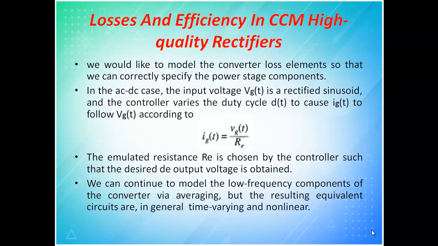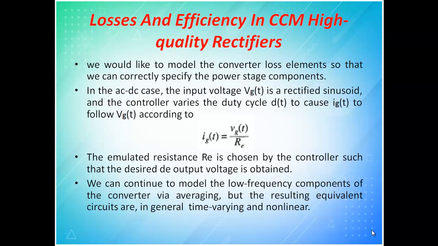We know the basic equation ig(t) = vg(t)/Re. We have been seeing this from the start of unit number 2, where Re is nothing but the emulated resistance. That is not a real resistance, that is your conversion ratio. Like when you say transformer, you have primary and secondary; from the primary to secondary, what you can change is done by this Re.